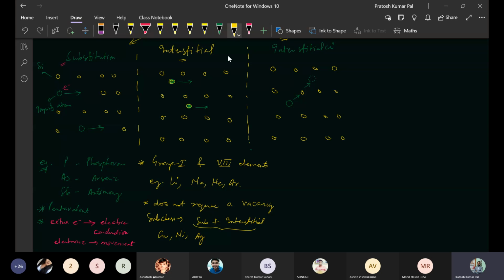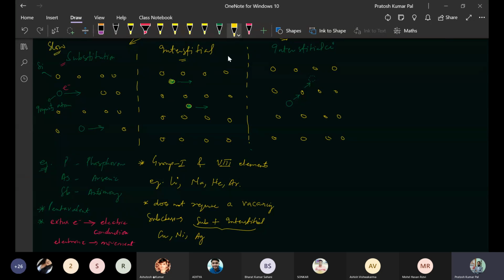But basically it is considered to be a type of interstitial diffusion. Why? Because this substitution type of diffusion is of very slow nature, but interstitial type of diffusion is fast, very fast.